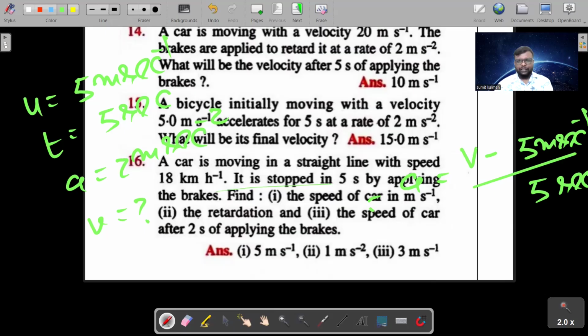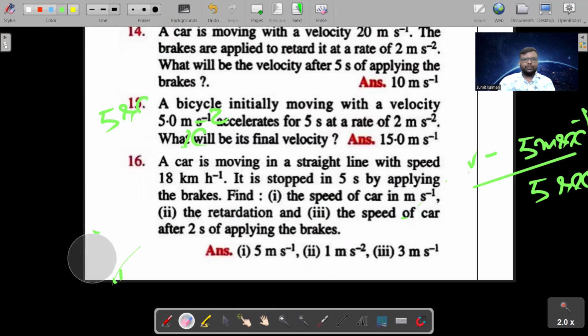Acceleration is also given, 2 meter per second square. So here students, what will be your answer? V minus 5 will be equal to 10, and V is equal to 15 meter per second. So your velocity will be 15 meter per second. This is the solution of this problem.